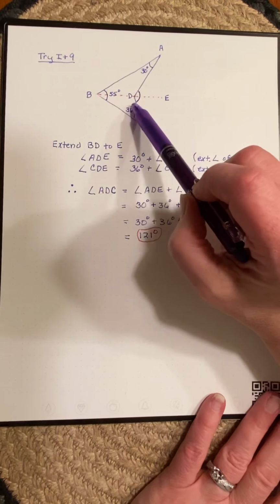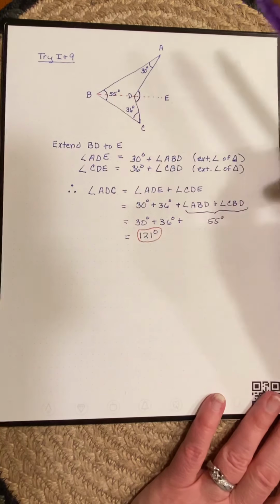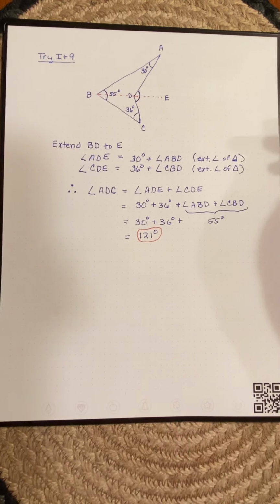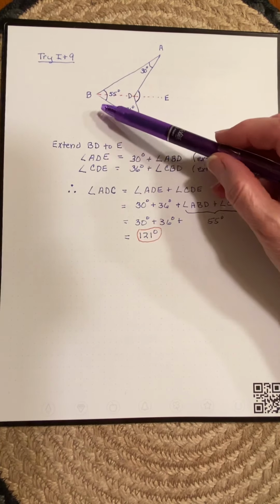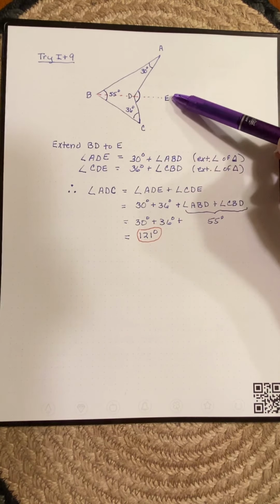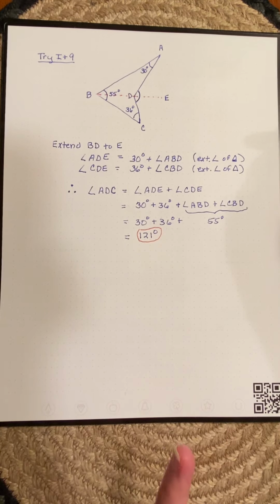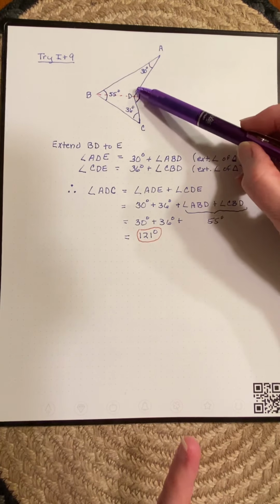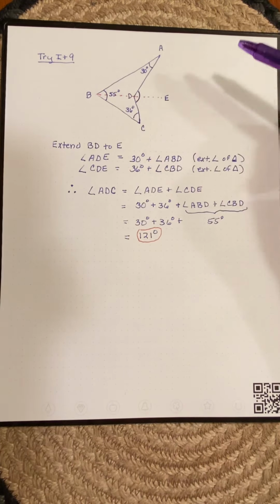So that's that exterior angle, but I needed that dotted line to help me do it. So we first extend BD to E. That's the first thing that we need to do. And we need to find this whole measure here.